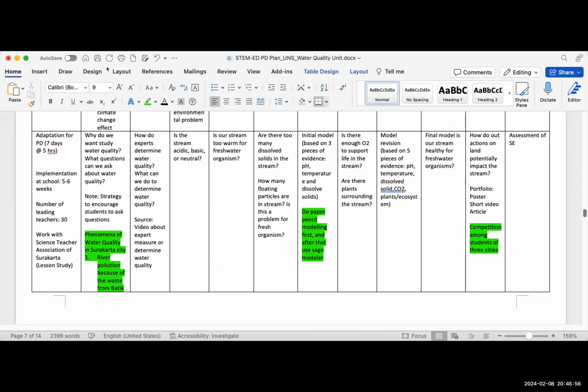Yes. Murni, you said using Sage Modeler needs some time. Do you plan to use Sage Modeler in other units, like Shells in Our Hands or Interaction? Yes, we will, but this is the first unit that we will introduce in our PD plan.